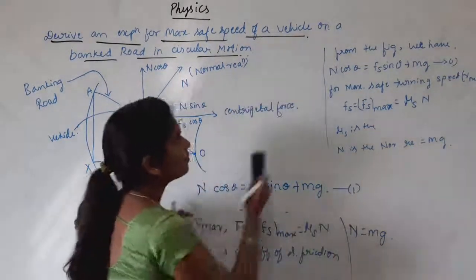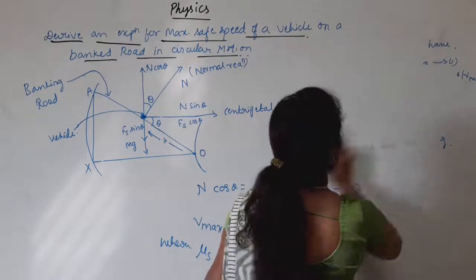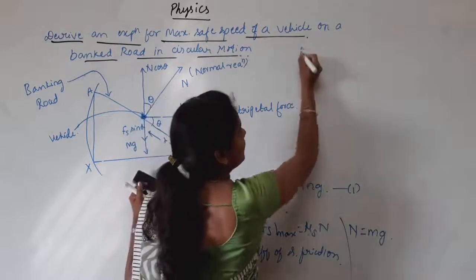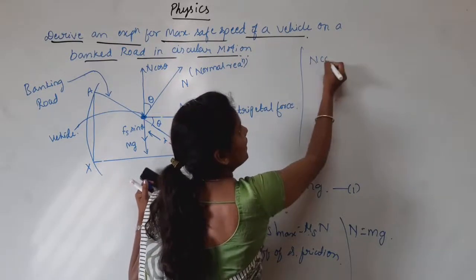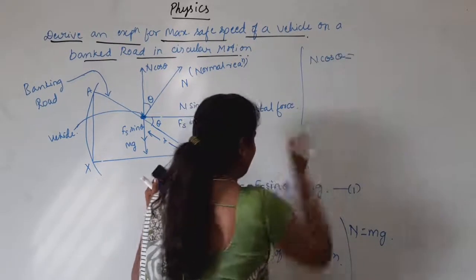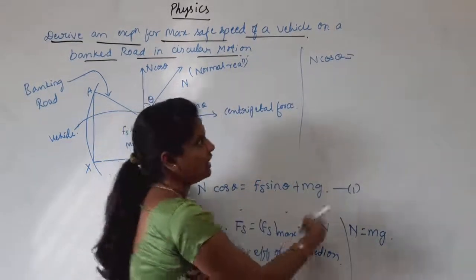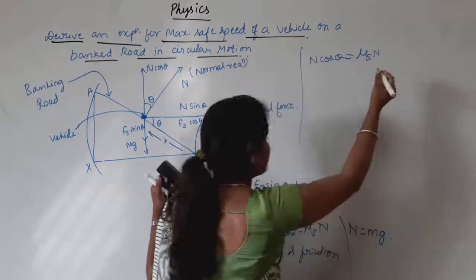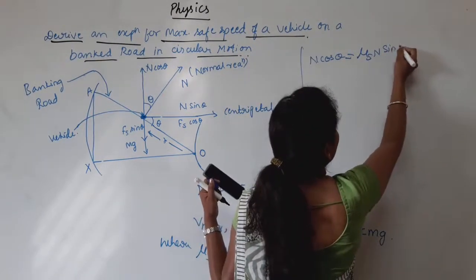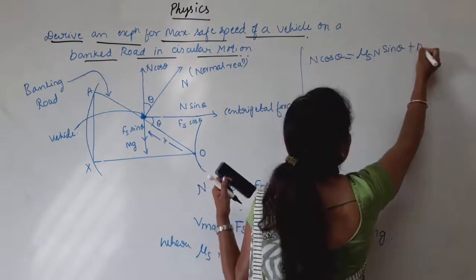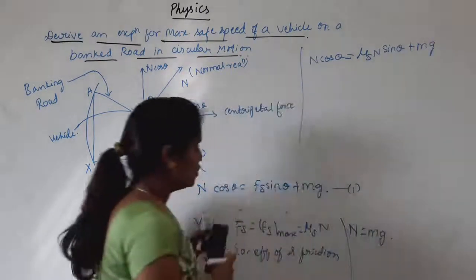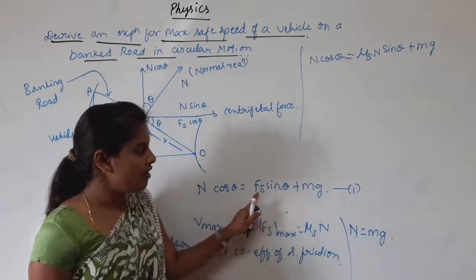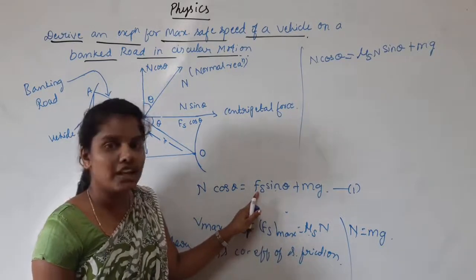We get n cos theta equals mu s n sin theta plus mg. In the place of Fs we substitute mu s n.